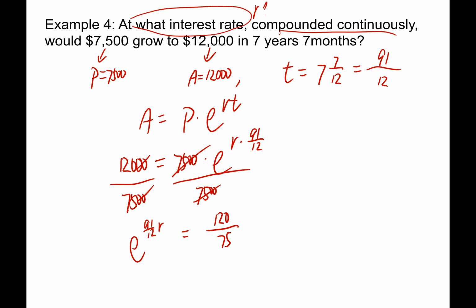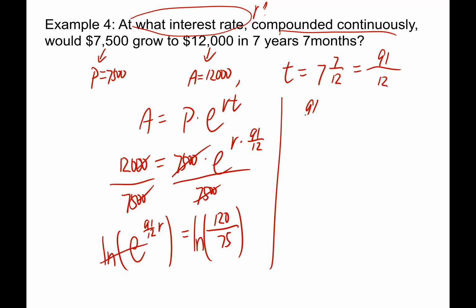Now from there, we will take the ln of both sides of the equation. Okay. Then the ln and exponential offset each other. 91 over 12 times r equal to ln of 120 over 75.